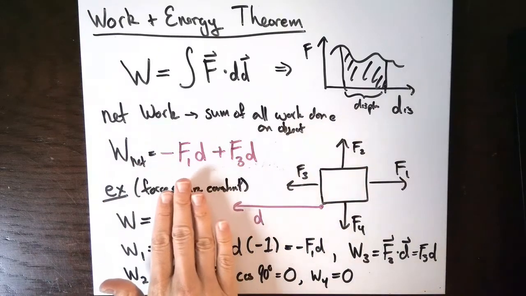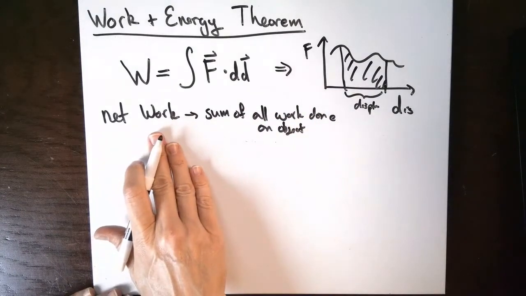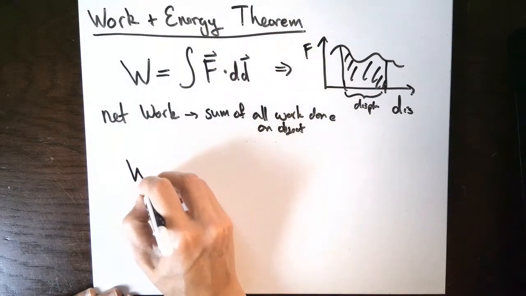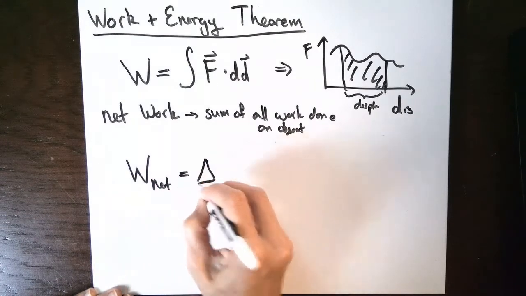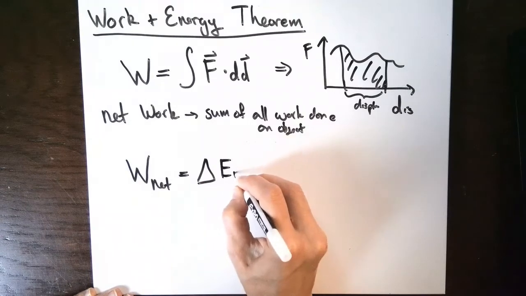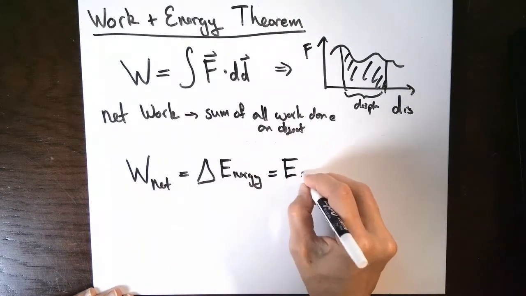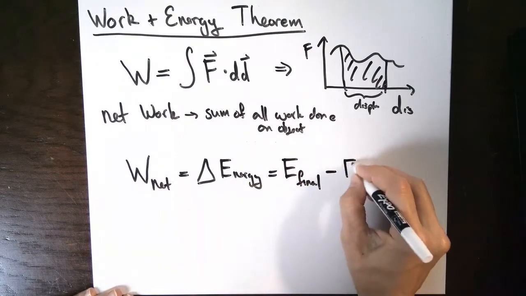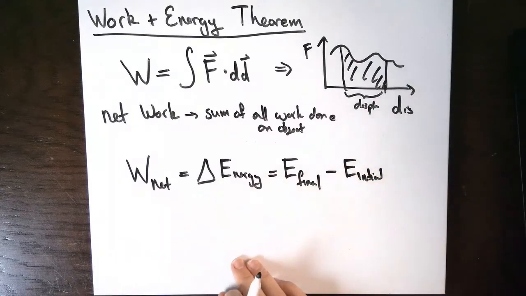Well, why do we care about net work? Let me erase my example here so I have a little more room. The reason we care about net work is the work energy theorem tells us that the net work done on an object is equal to the change in energy of that object, or the final energy after all the work is done minus the initial energy before any of the work is done.